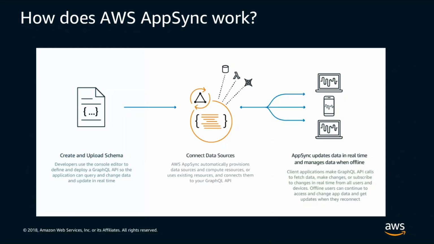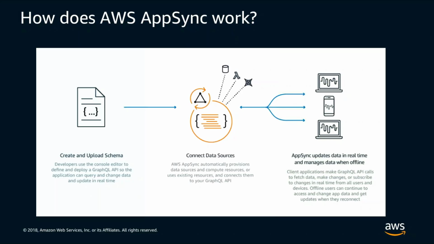So how does AppSync really work? You start off by creating a schema definition language, and you can upload that schema to your GraphQL endpoint using the CLI or AWS console or one of the AWS SDKs that we support today. Then you would start off by creating data sources.